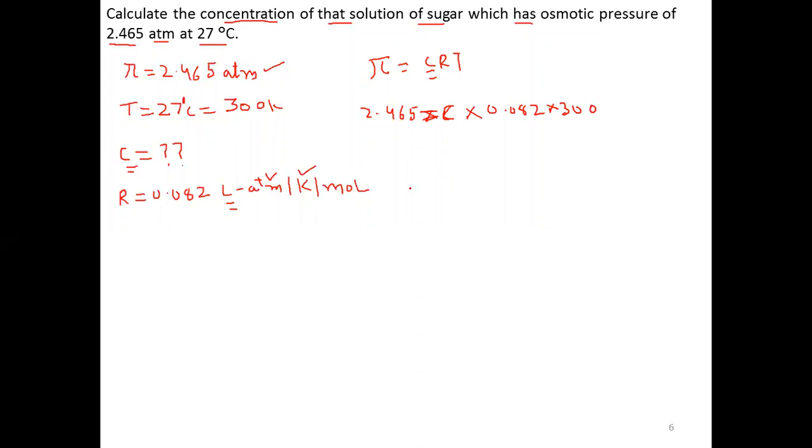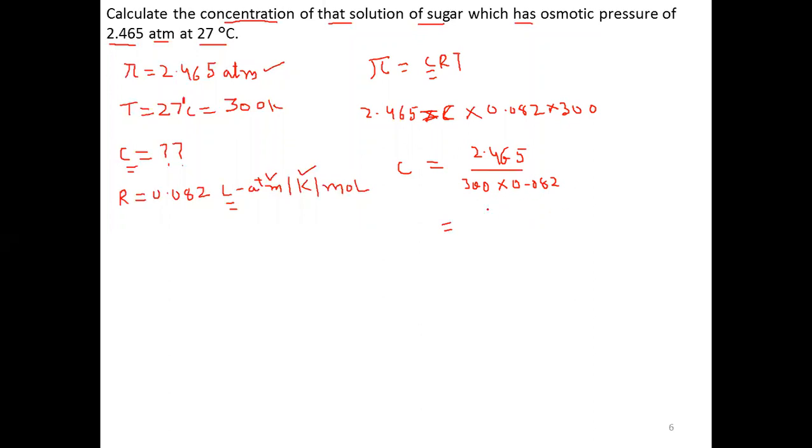So C is 2.465 divided by 300 into 0.082. Let us see what 0.082 multiplied by 300 will be.